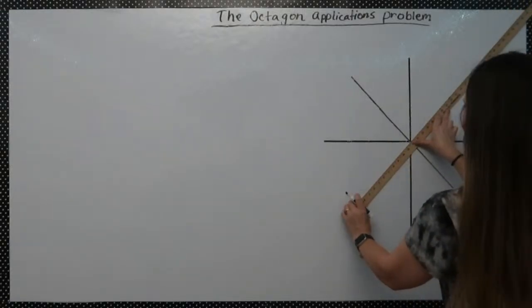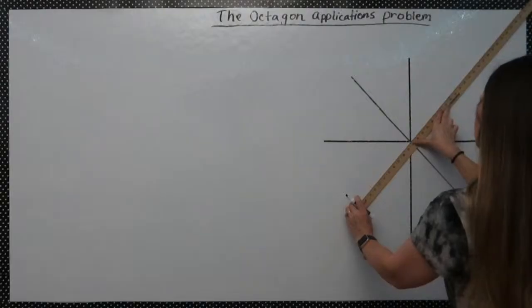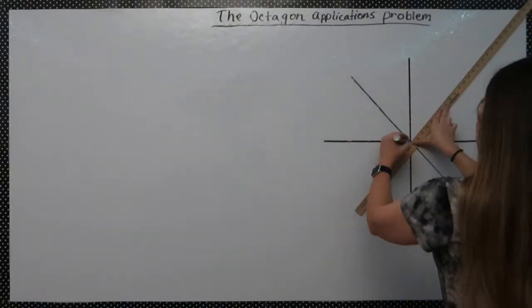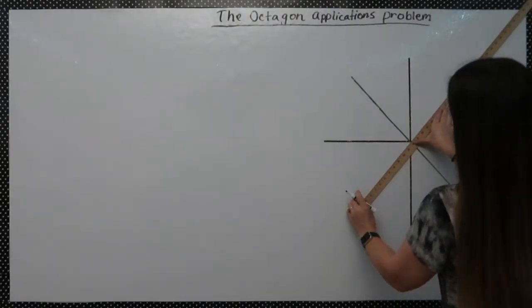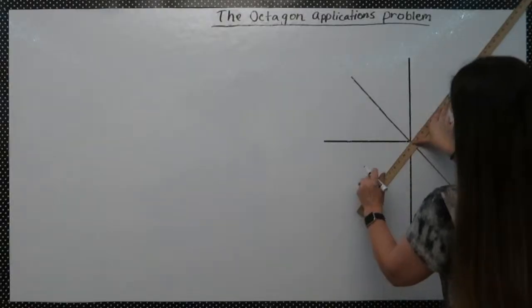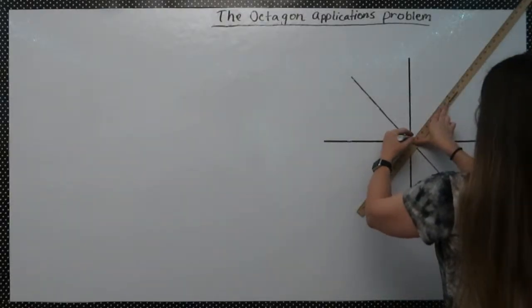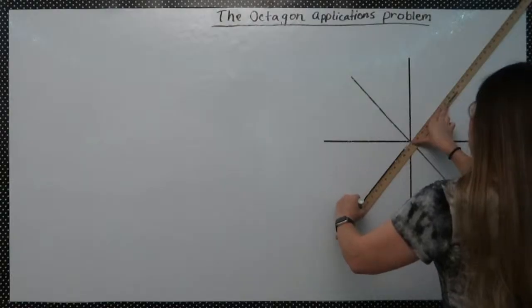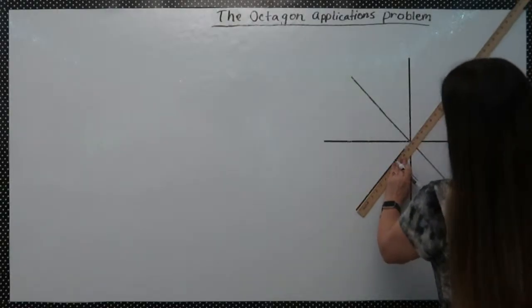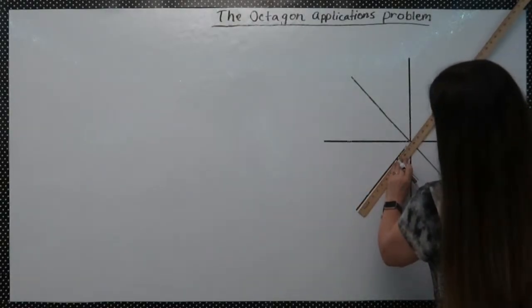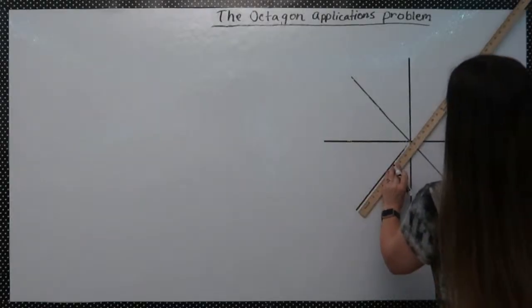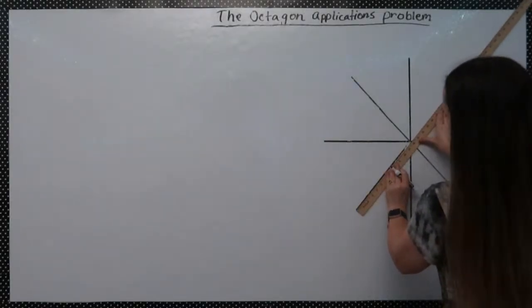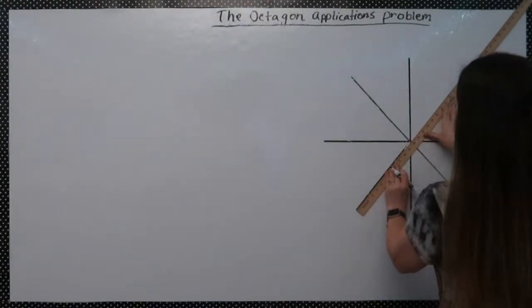So what we have is an octagon, which has 8 sides. And in this problem, the only known value is the radius, to one of these vertices.